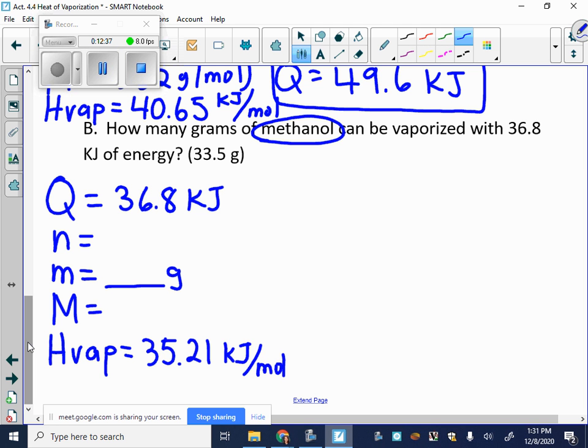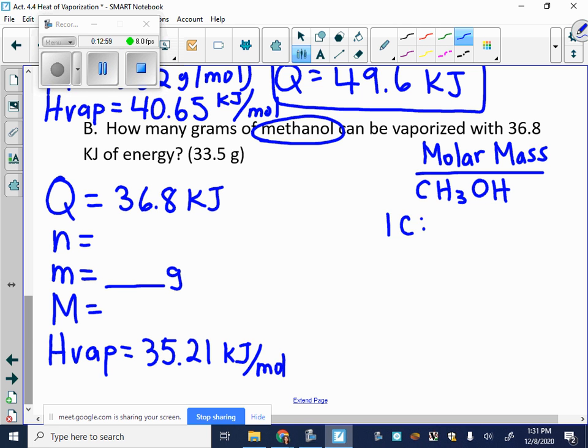Okay, and now we need to find the molar mass of methanol, so it's CH3OH. All right, we have 1 carbon, we have 4 hydrogens, and we have 1 oxygen.